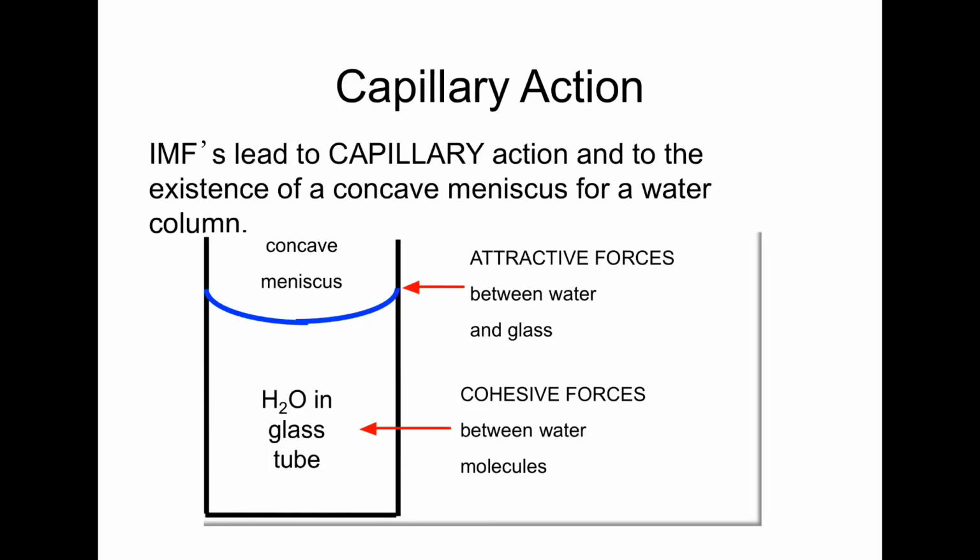To give an example of how cohesive and adhesive forces can work with or against each other, I wanted to use our graduated cylinder again. So that's what we have here, and then we have some water. That's probably the simplest example we can use. Now the cohesive forces are the ones between water molecules.